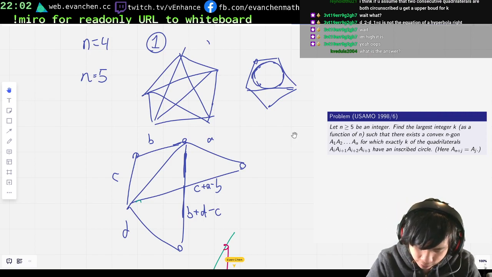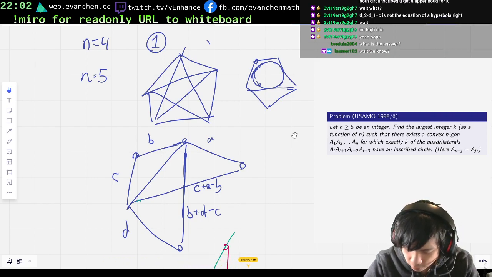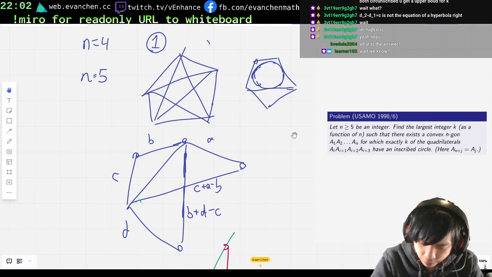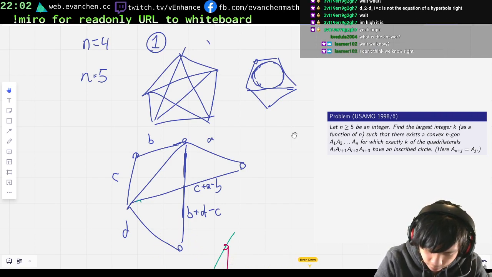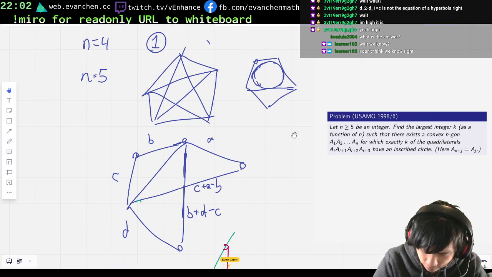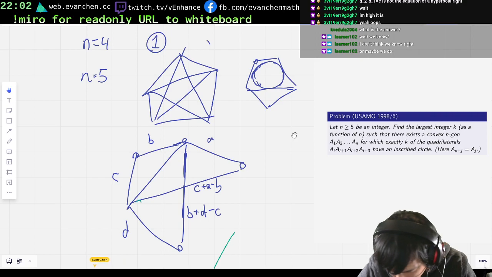Oh, but these are supposed to be consecutive sides, so everything should be on one half of the line. So this is getting very abstract.